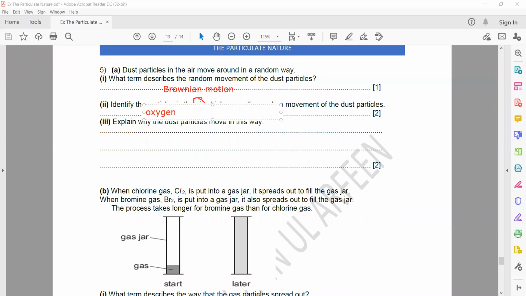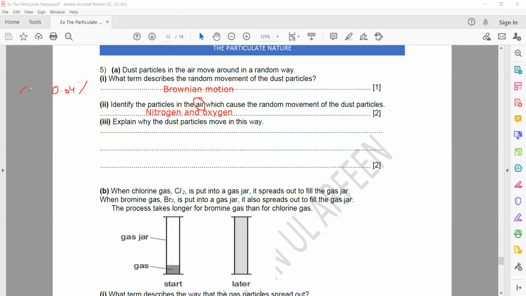So you can mention oxygen and nitrogen, because about 78% is nitrogen and 21% is oxygen. So mainly it is due to nitrogen and oxygen. Why did I not write carbon dioxide? Because the carbon dioxide proportion is so small, about 0.04%.